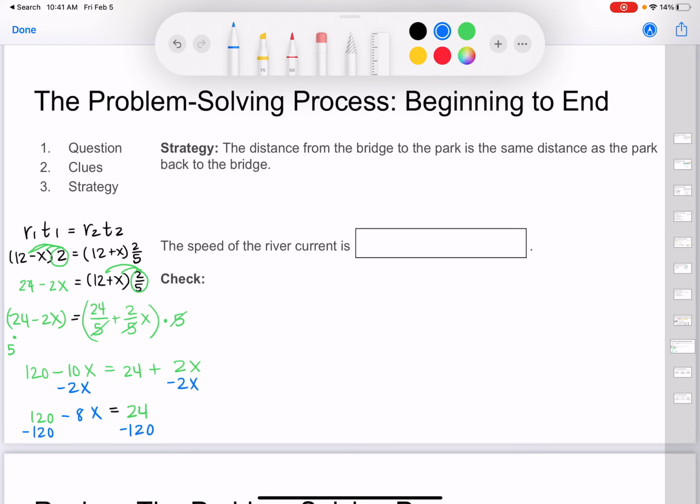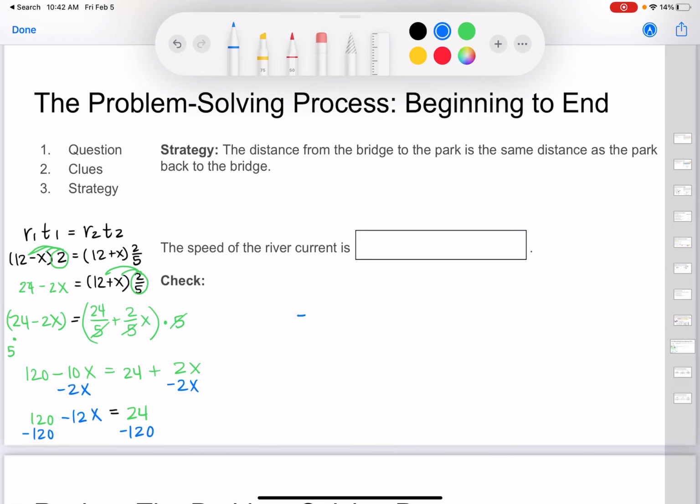Oh, that's not 8, it's supposed to be 12, because a negative minus a negative, you add, so negative 10 minus negative 2 is negative 12. So cancel that out. So 24 minus 120 is, I'm going to put it over here, negative 96. Everything else comes with it.